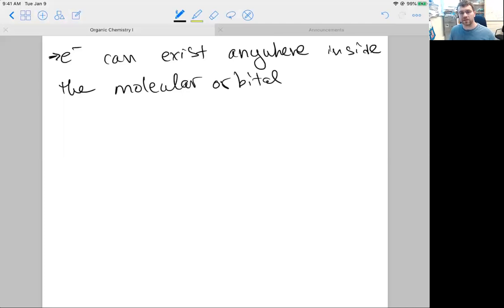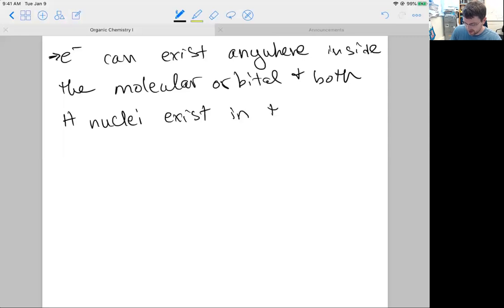And that's something called the Heisenberg uncertainty principle. I'm getting too bogged down by the quantum mechanics. Let's keep going. So electrons can exist anywhere inside the molecular orbital. And both H nuclei, kind of the heart of the atom, exist in the molecular orbital.